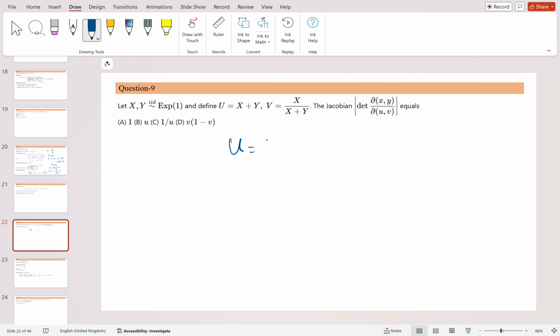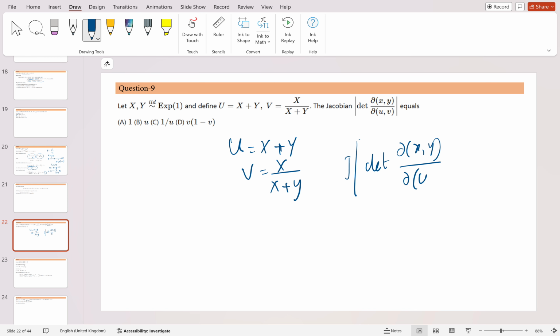So u is equal to x plus y and v is equal to x divided by x plus y. The Jacobian is the determinant of del of x comma y divided by del of u comma v. Okay, what will it be equal to?